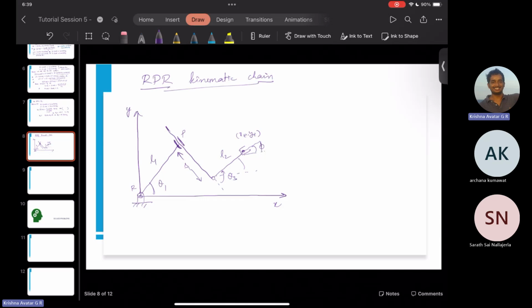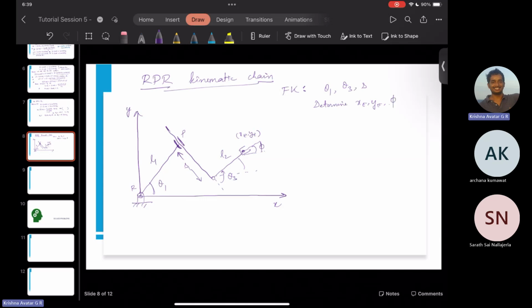Now again, coming back to our forward kinematics, FK, the given parameters are theta 1, theta 3, and also S. And what we need to determine are xe, ye, and phi, right?